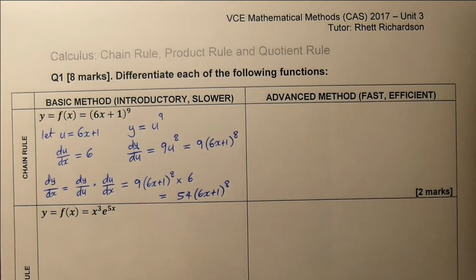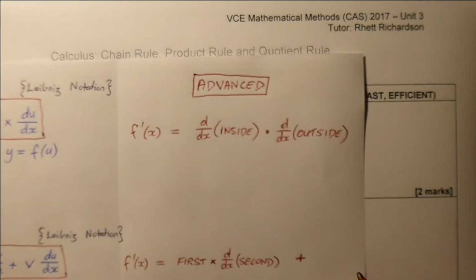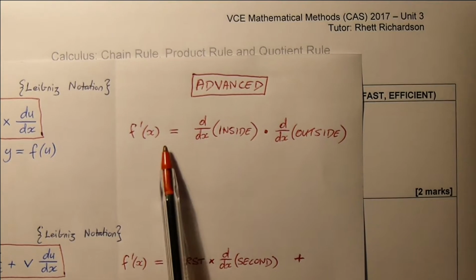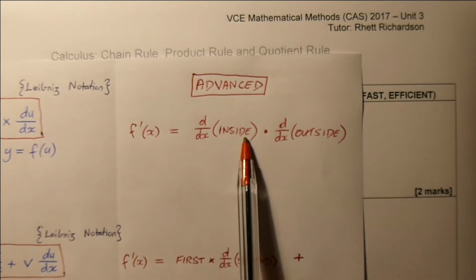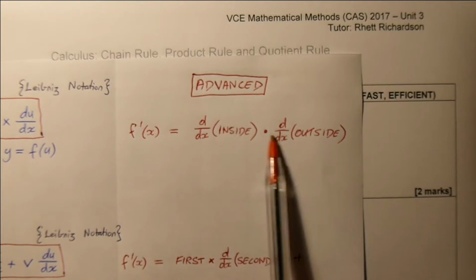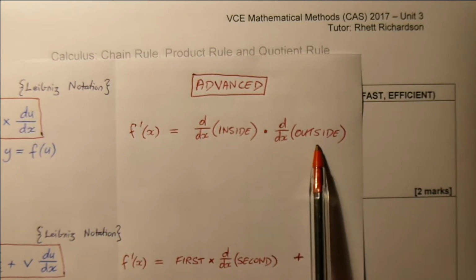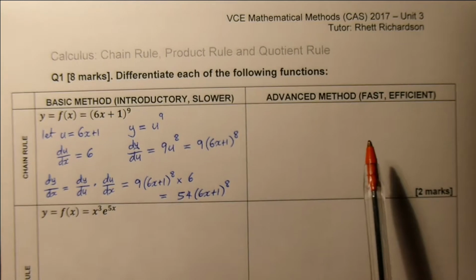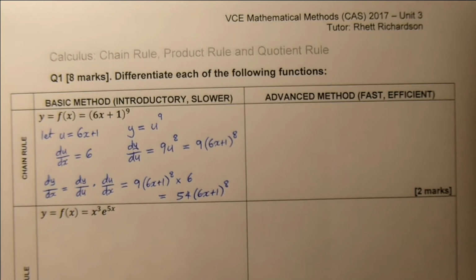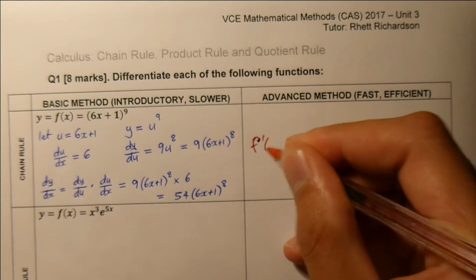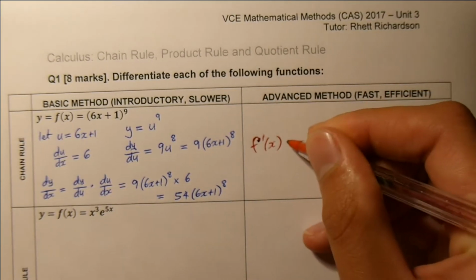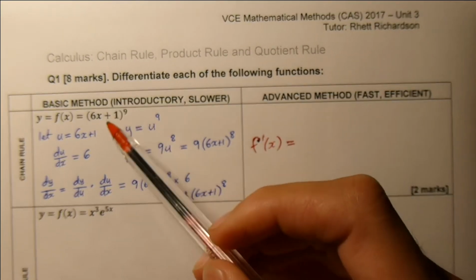Now, for those of you that are a bit more advanced and can do this quickly, the way I like to take a chain rule derivative, f'(x), is simply the derivative of the inside thing multiplied by the derivative of the outside thing. I'll show you what I mean by that. I'll do these in red. So f'(x) is equal to the derivative of the inside here.